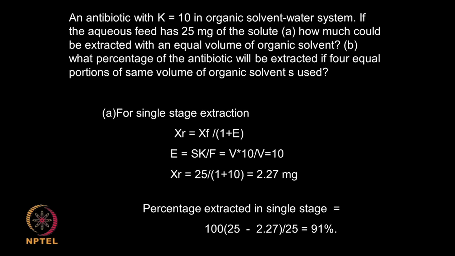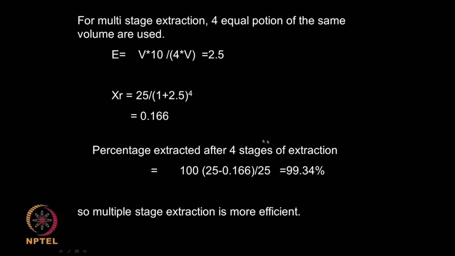I will use XR is equal to XF divided by 1 plus E raised to the power 4, do not forget that. So my E has come down by 4 times because I have divided, but my equation denominator has the power 4, so my XR has become 0.166. So percentage recovery is (25 minus 0.16) divided by 25, so 99%.